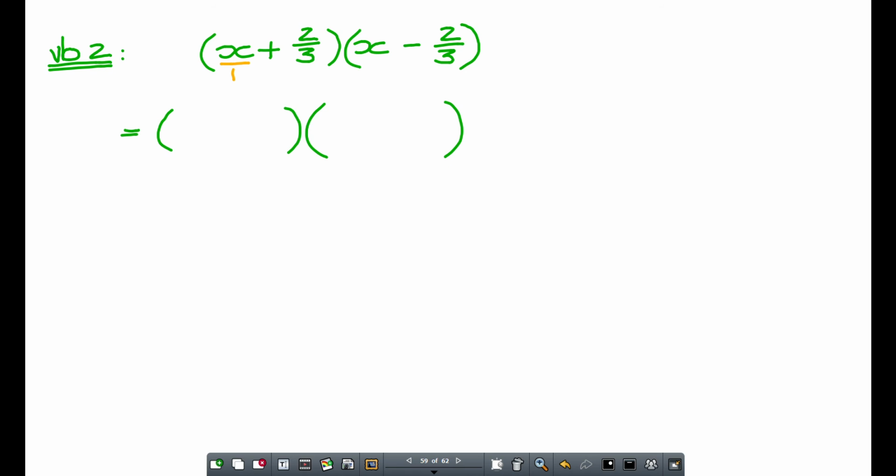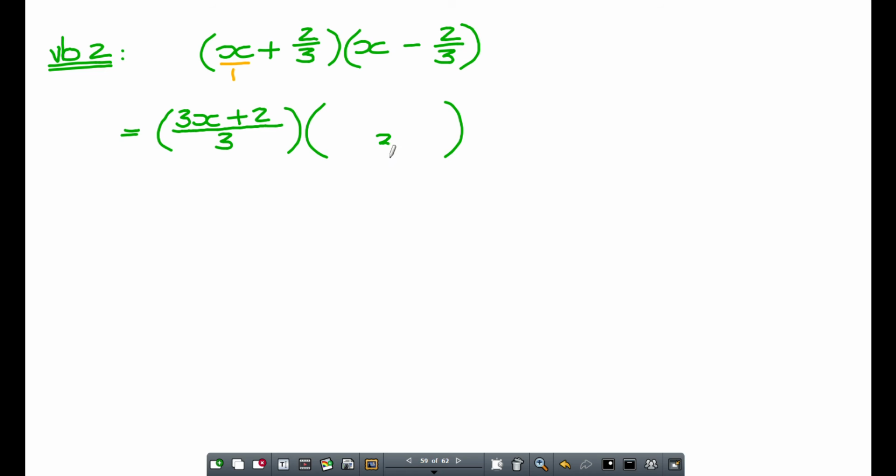Nee, okay, nou sê nou maar ek maak hom 3, dan gaan hierdie raak, I'd have to multiply with 3 at the bottom, so I've got to multiply with 3 at the top, so you're going to have 3x plus 2. Does that make sense?